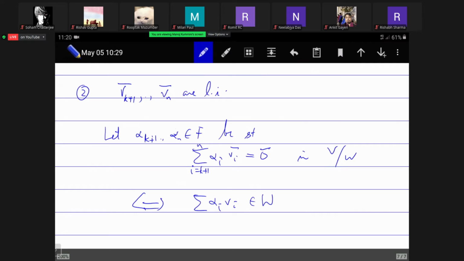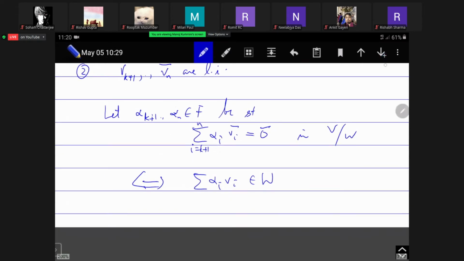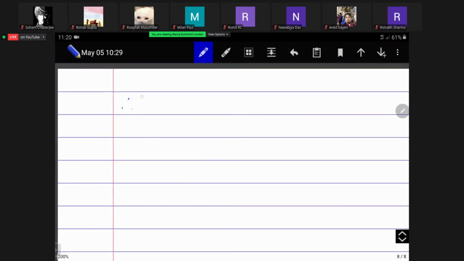Therefore, there exist alpha_1 to alpha_k in F such that the sum of alpha_i w_i equals this.